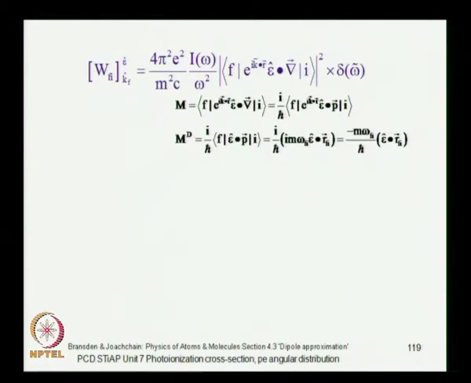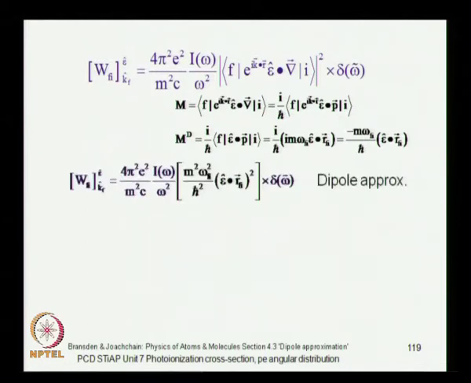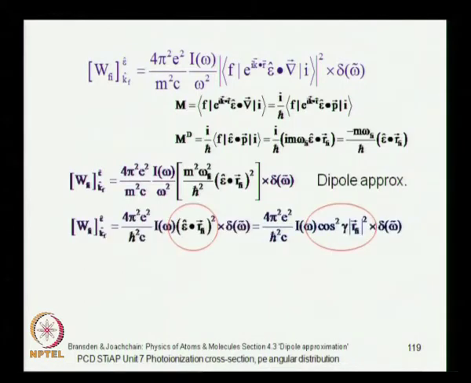So this is what we have got, that this is the expression for the transition rate. In the dipole approximation we arrived at some simple expressions. This is the dipole approximation, in which e to the i k dot r is set equal to 1. You have got epsilon dot r, so there is a cosine term which is cos square, and now you have got e square in the numerator and the square of the matrix element of the position operator.